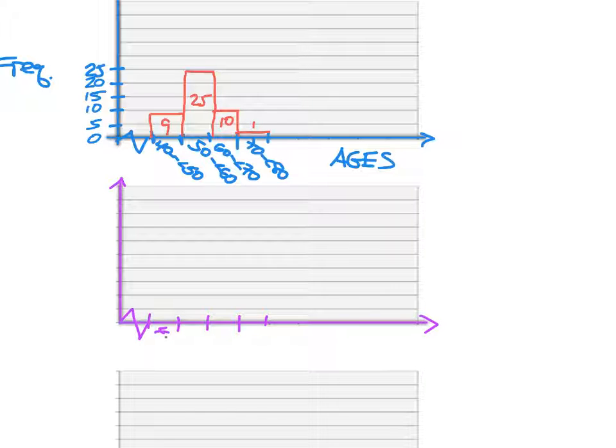So 40 to less than 50. Oop, I forgot the to part. To less than 50. 40 to less than, oh, sorry, this is relative. So 50 to less than 60. So same intervals.